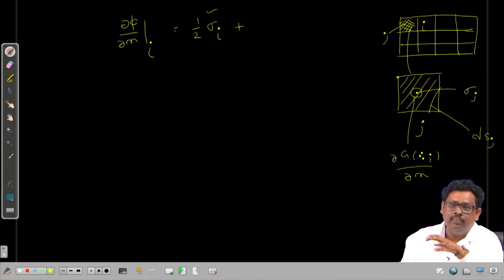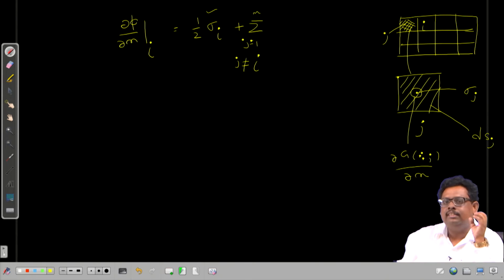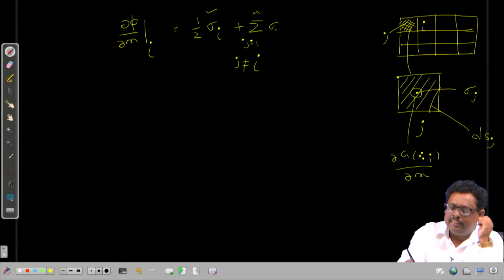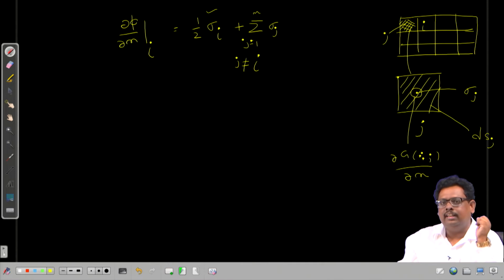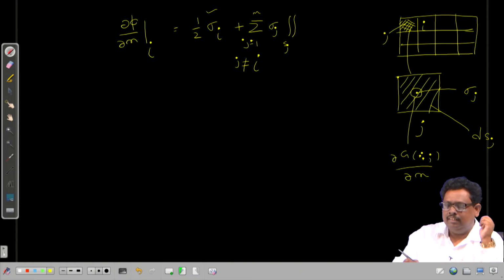But now here we are not doing this. What we are doing is as follows: I am writing this summation j equal to 1 to n, and of course j not equal to i. Till this point everything is same, but then I am taking sigma j out of this integration sign, because sigma j is constant over that panel. However, we need to perform this integration over this panel.